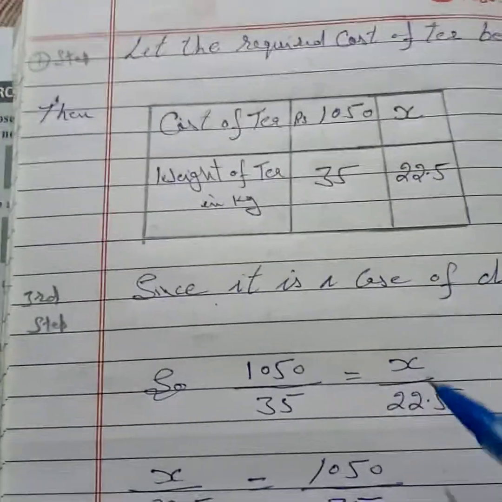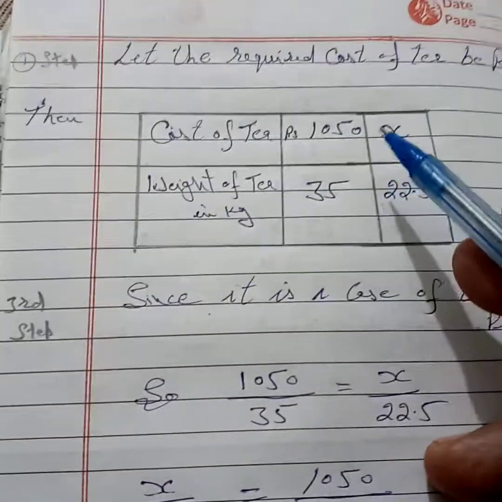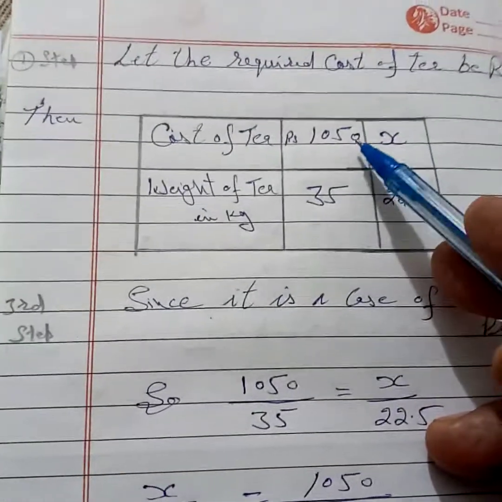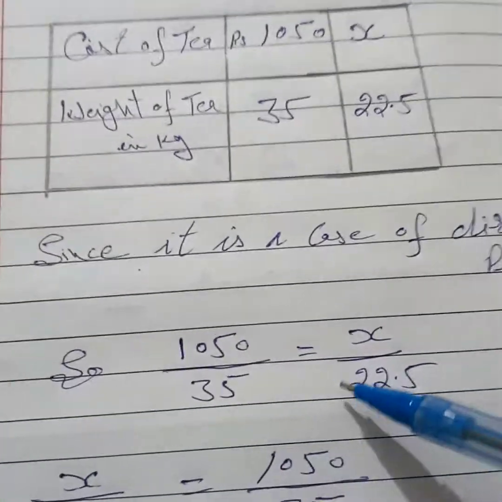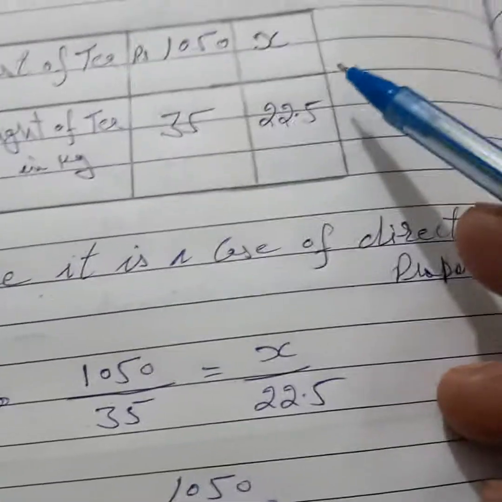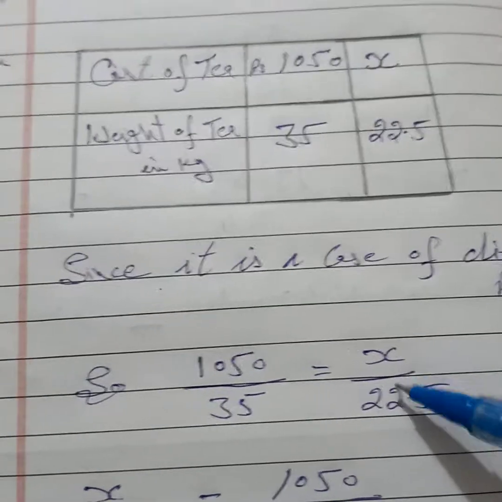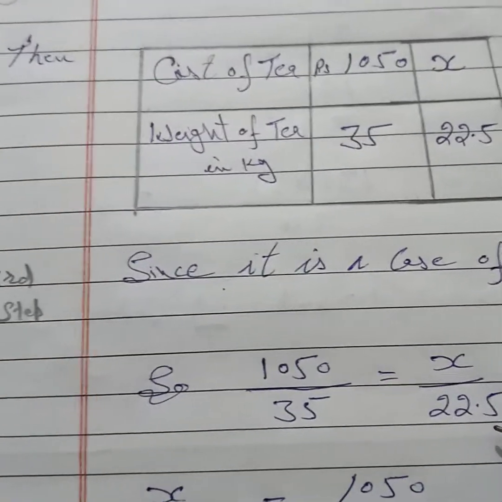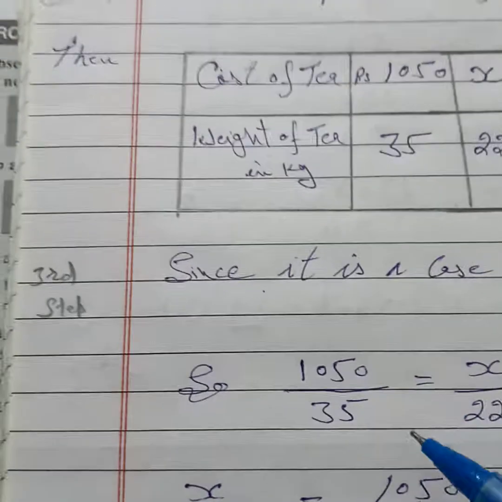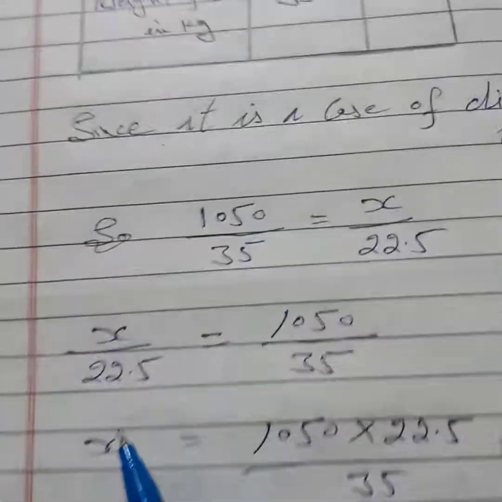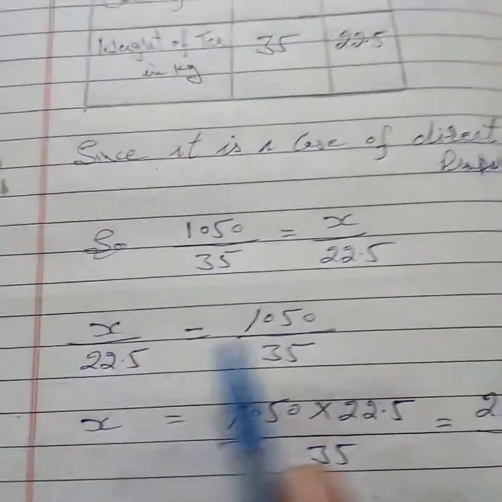In direct proportion, we will equate them by 1050 upon 35 equal to x upon 22.5. From this equation we will find the value of x by transposing 22.5 to the right hand side.